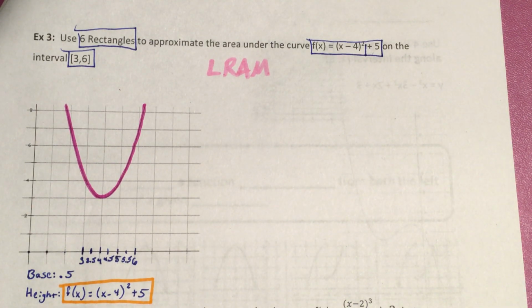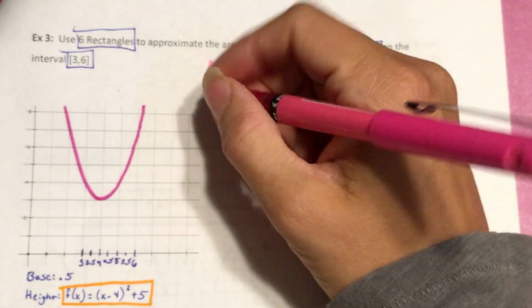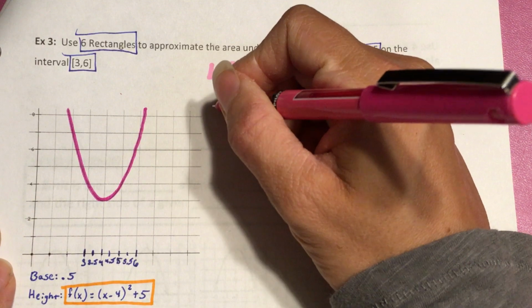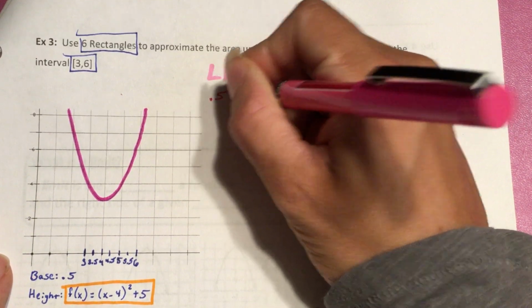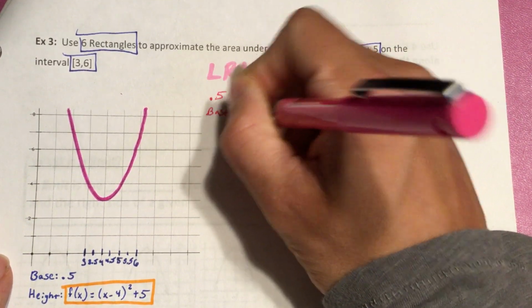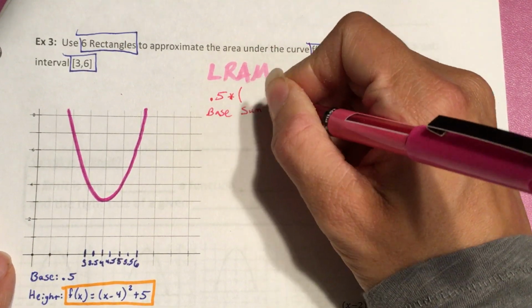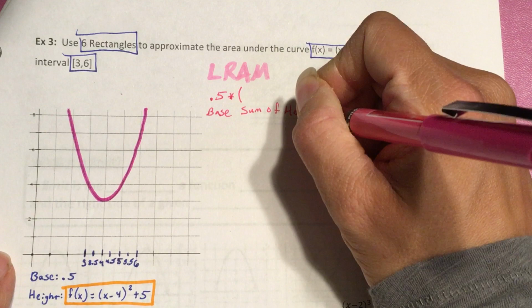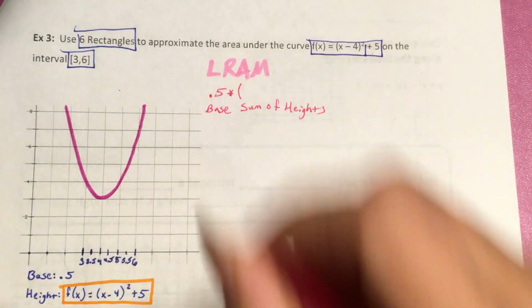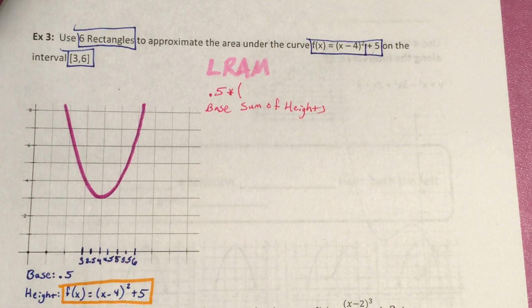What we need to do is multiply each of the bases times each of the heights, and our base is going to be 0.5 every single time. I'm going to multiply that by the sum of the heights. So let's draw our rectangles so we can calculate our LRAM.